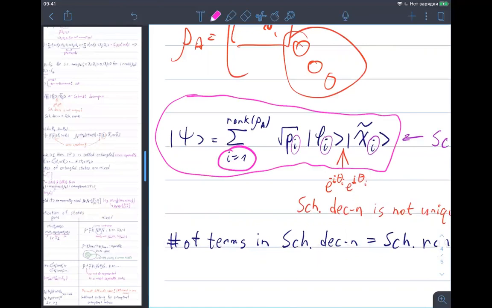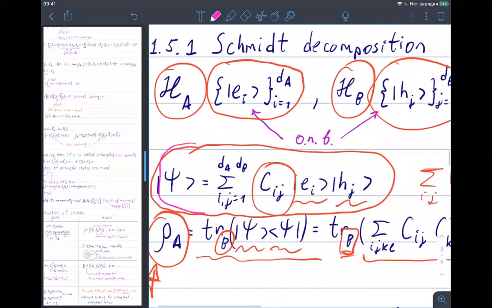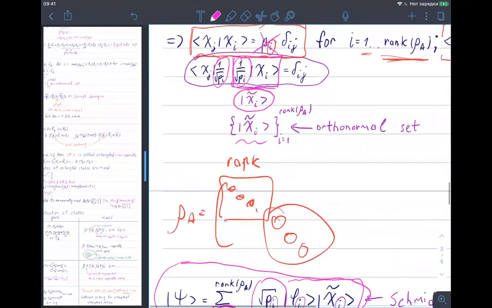I take a vector from one space and a vector from the other space, multiplied by some coefficients, then another vector from one space and another from the other space, multiplied by some coefficients, and so on. Here I have a summation with only one index, in contrast to the original representation of psi, where I have a summation over two indices. This is the basic difference.